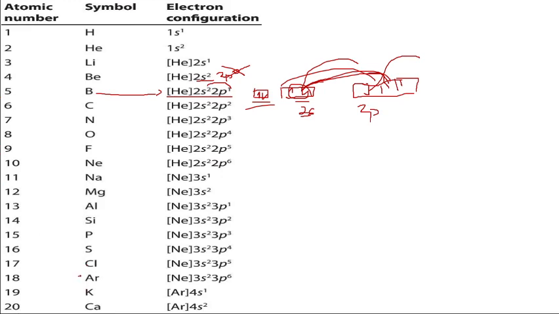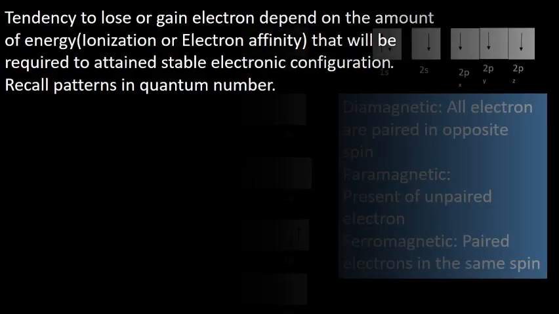Argon has the neon electronic configuration followed by 3s2 and 3p6. This is the neon electronic configuration here. It has helium, and helium is just 1s2. So this is 1s2, 2s2, 2p6, 3s2, 3p6. That is the argon electronic configuration.